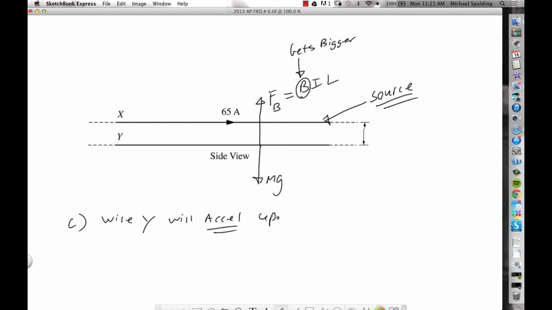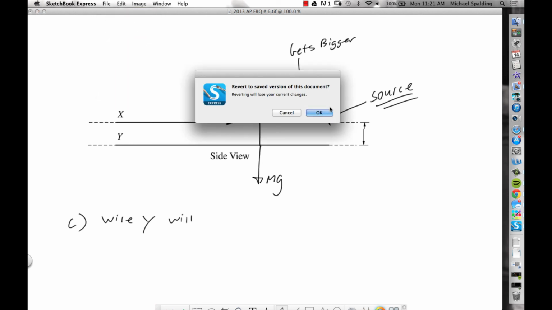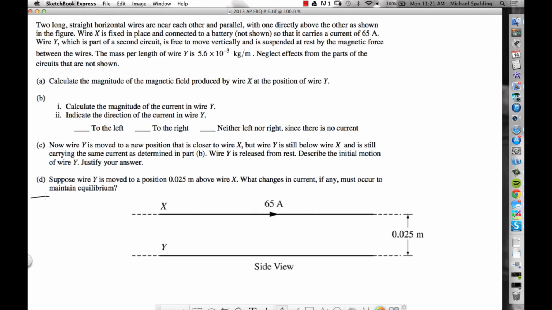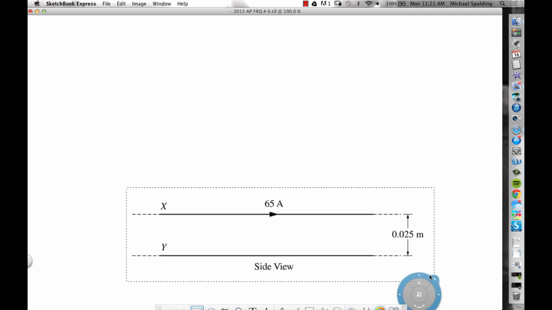Okay, and then D, suppose that wire Y is moved to a position 0.025 meters above wire X. Okay, so I want to do it. Sorry guys, I got to go through the steps here again. Let's erase this. So we're going to take this, scoot up here.